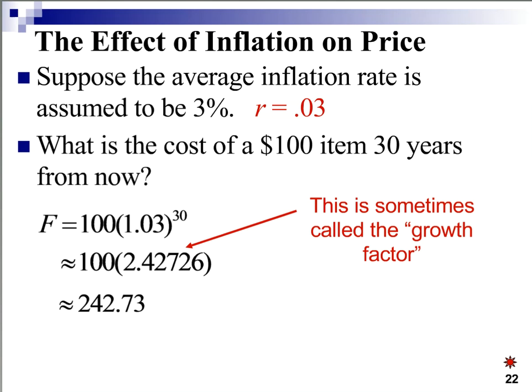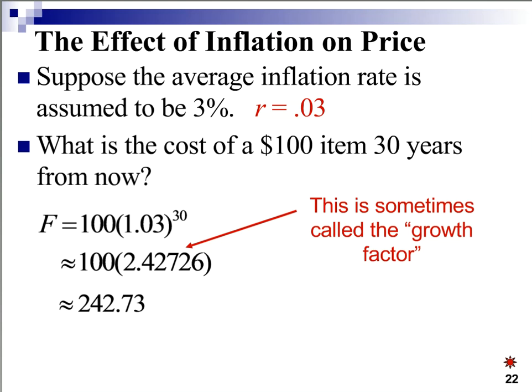And so the 2.427 number is sometimes called a growth factor. So this is telling you that the $100 item is growing to be about 2.4 times more expensive in 30 years than it is today. Now notice something. The 2.42 number, the growth factor number, has nothing to do with the original cost of the item.